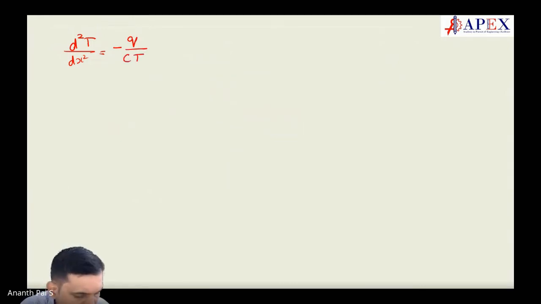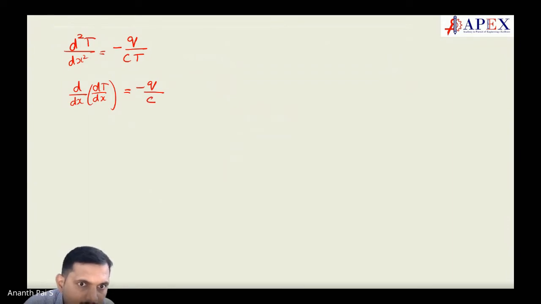Now what we can do is write this as d by dx of dt by dx is equal to minus q by c, t.